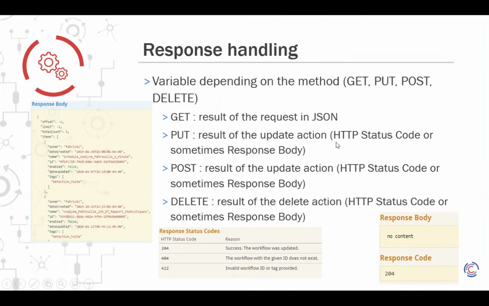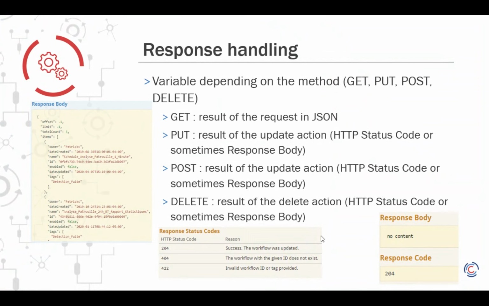There are a few screenshots here where we're listing the results. The response body on the left-hand side is the result of that get request to retrieve a list of automations on our FME server. You'll notice that for each type of request, let's say you're posting something, like creating a user or creating a repository, the status codes might differ.